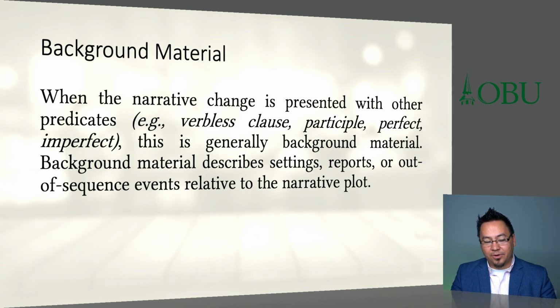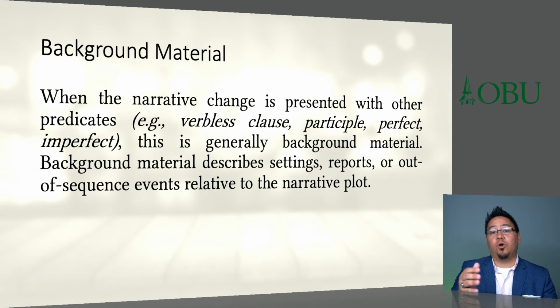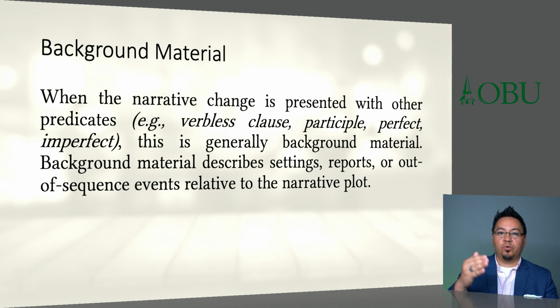Background material, okay? Background material will often have some changes. We will often see clauses come to it, right? Verbless clauses, participial clauses, perfect clauses, imperfect clauses. Clauses end up pointing us to the background material, even though we've already covered that now we're into the foreground. And so he went, and then he did that, and then she did that.